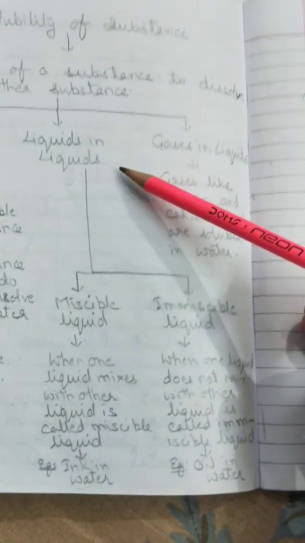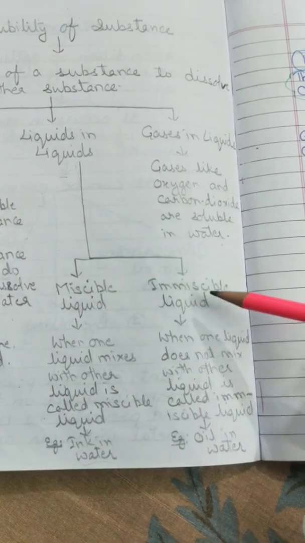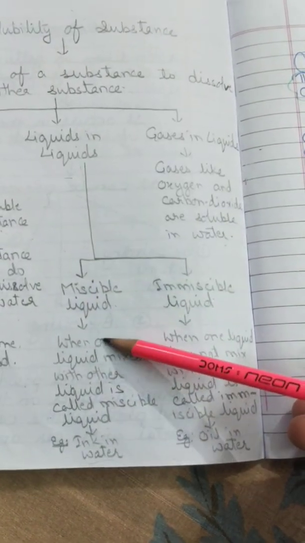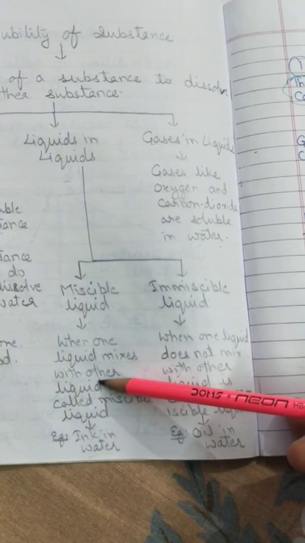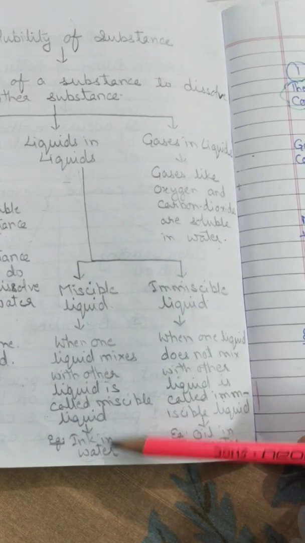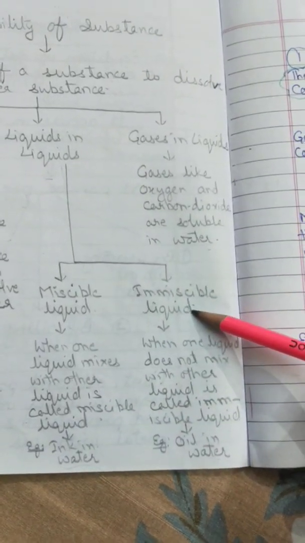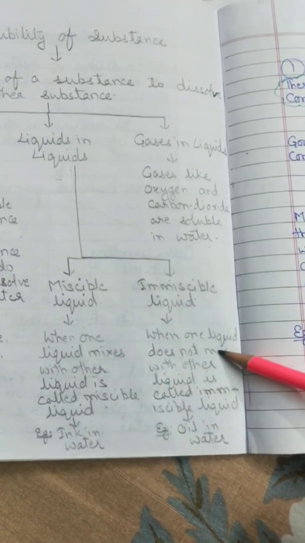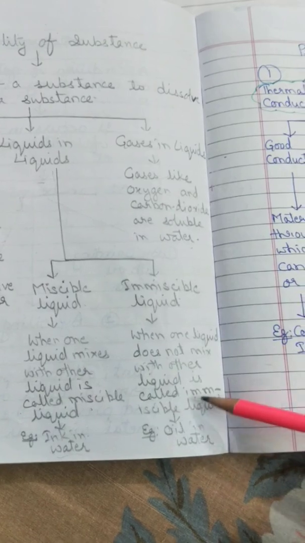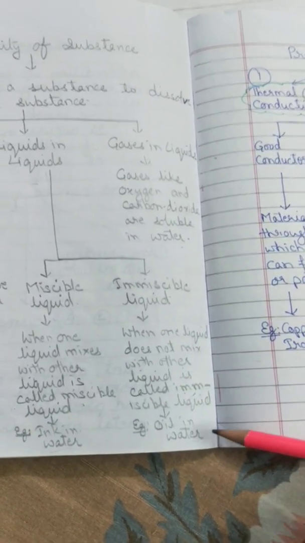In liquids we have seen that two types of liquids are there, miscible liquid and immiscible liquid. Miscible means when one liquid mixes with another and appears as one liquid, for example ink in water. And immiscible liquids, when one liquid does not mix with another and appears as two separate liquids, for example oil in water, right?